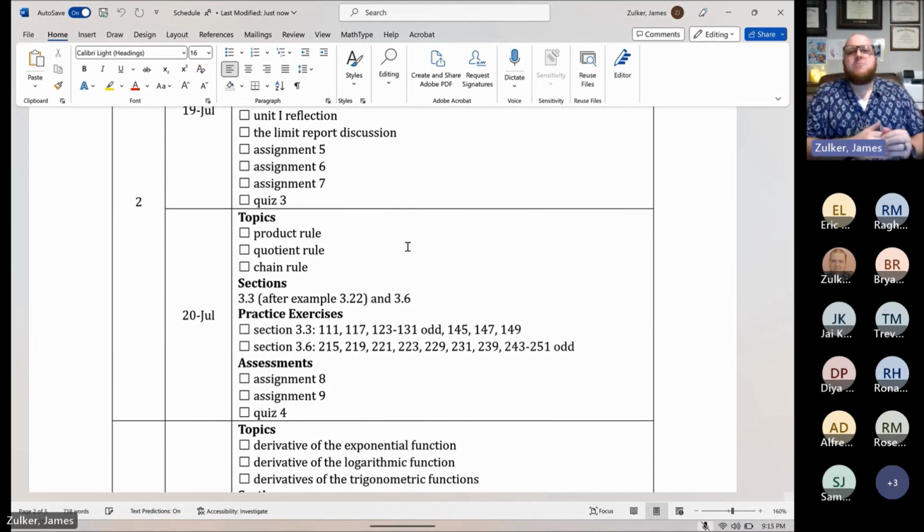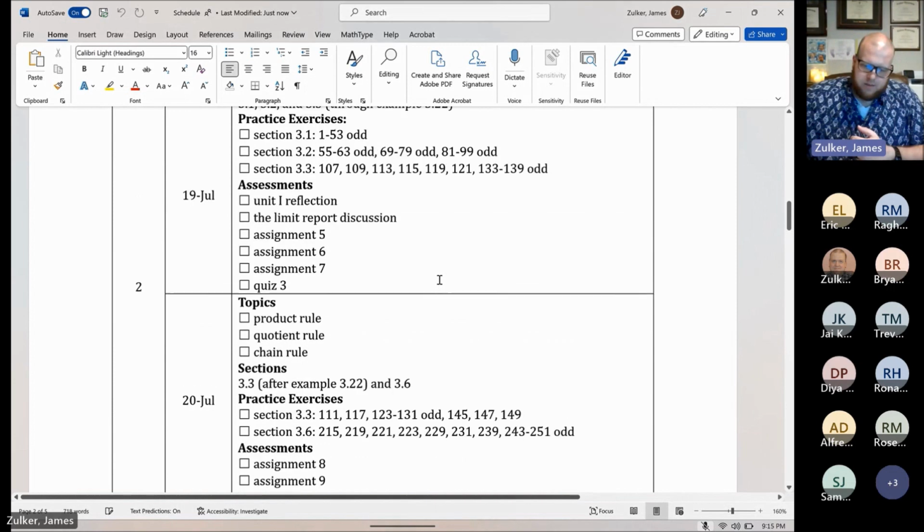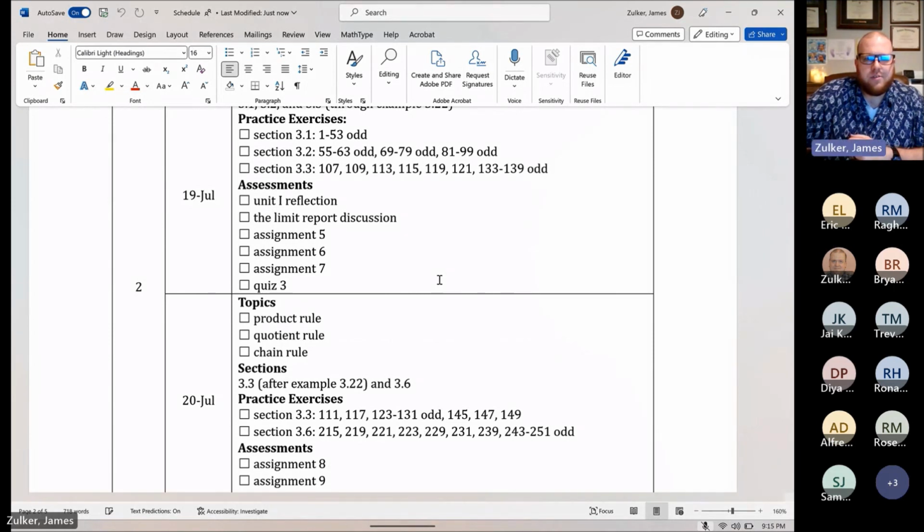The chain rule gives us a way of finding the derivative of a composition of functions. Okay. So let's take a look.